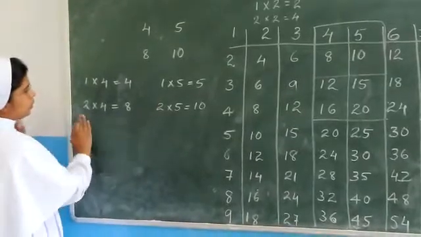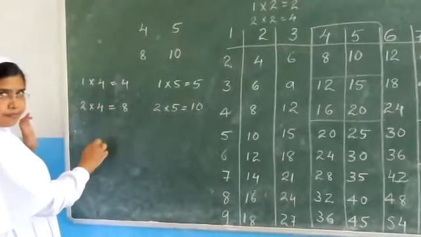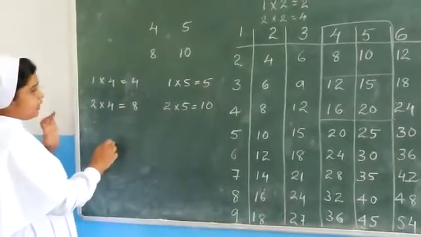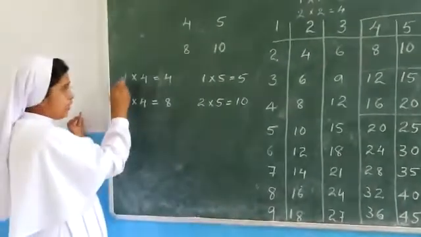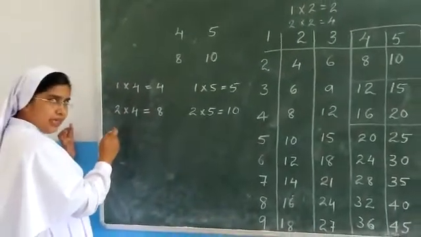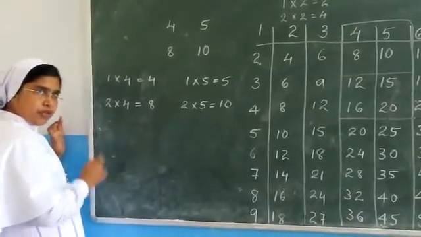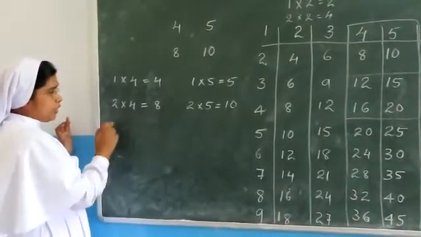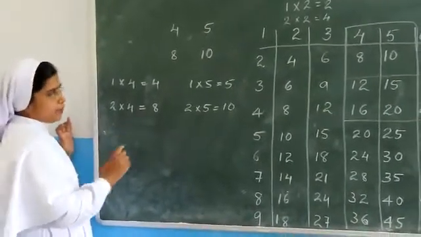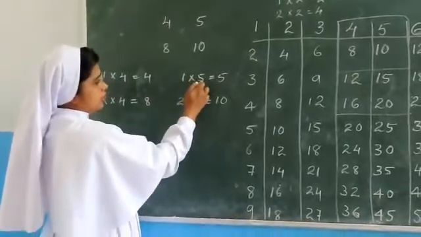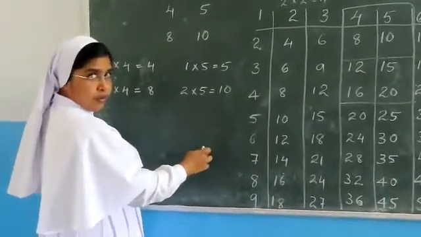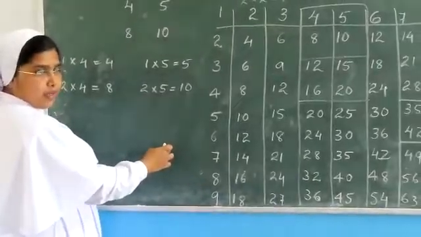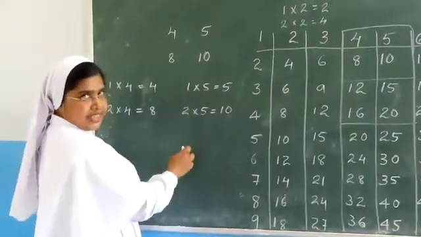So 4 remains the same, but here the value increases: 1, 2, next will be 3, 4, 5, it goes on like that. 2 into 4 is 8, 3 into 4 is 12. Here also the value is 5, and 5 stays the same, multiples of 5, but the other number changes.